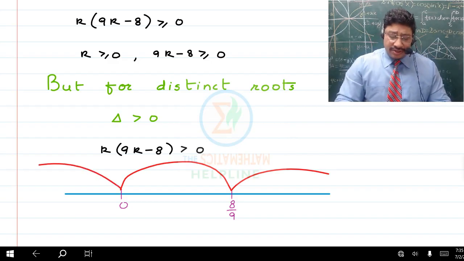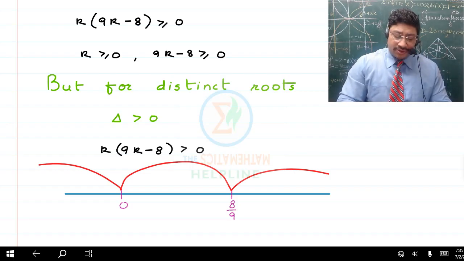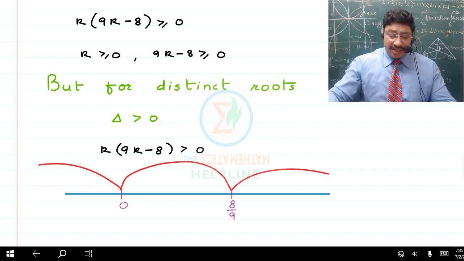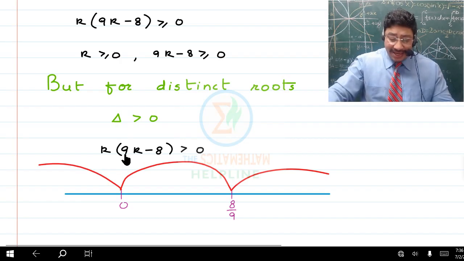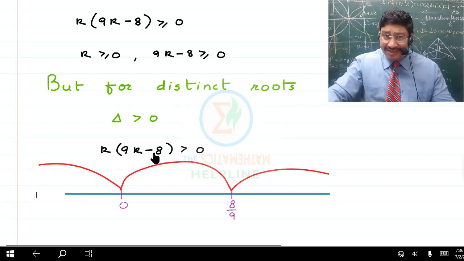So now, children, let's try and keep a value which is less than 0. Now this portion is the portion which is positive. Let's see how. If we keep the value of k to be less than 0, let's say minus 1, then here we will get 9 times minus 1, that is minus 9, and minus 8 will make it minus 17, right?